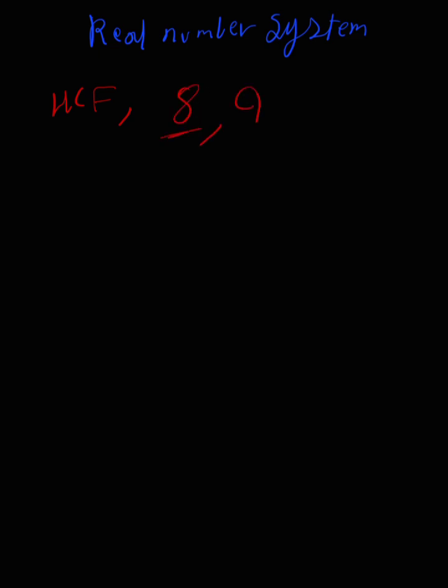If I ask you to list down their factors, you will say the factors of 8 are 1, 2, 4, 8, and the factors of 9 are 1, 3, 9. Now, the highest common factor is basically asking for the factor which is the highest or greatest in common between two numbers, which in this case is 1.